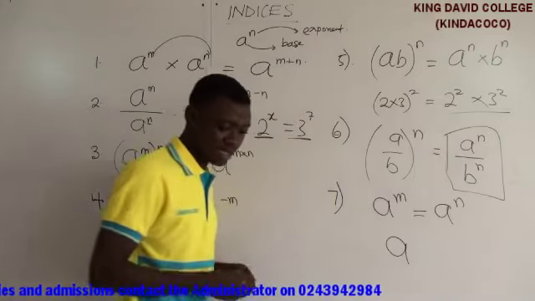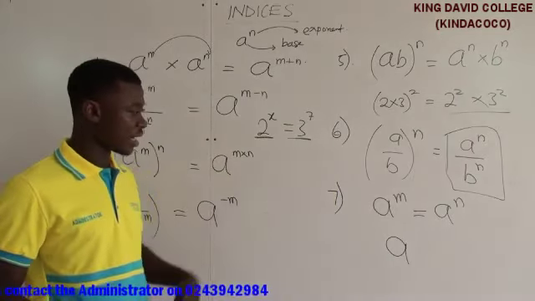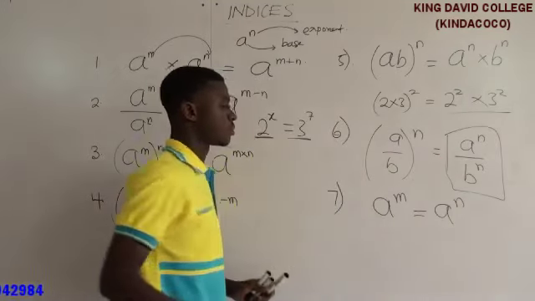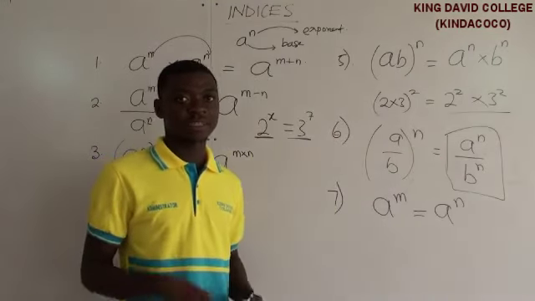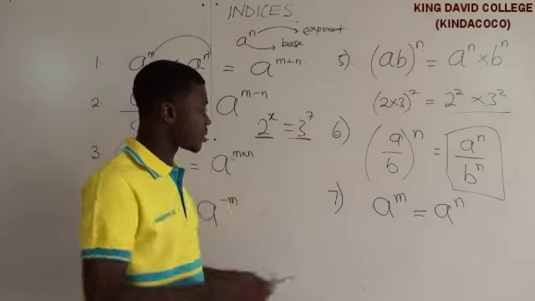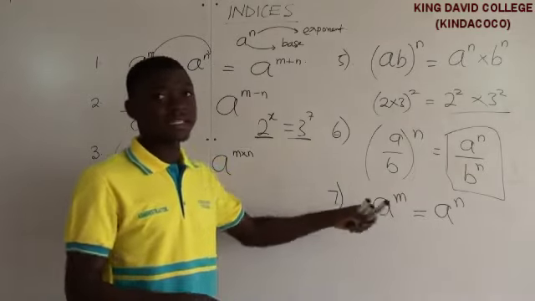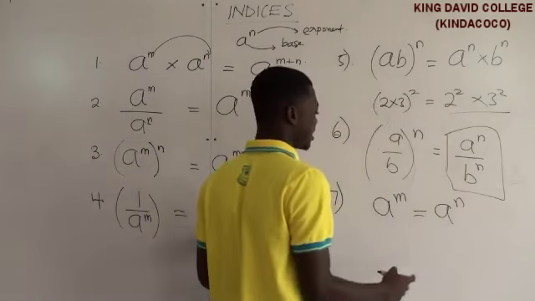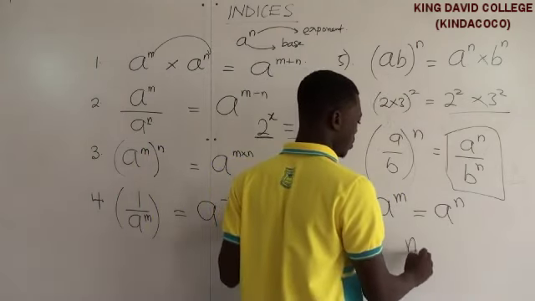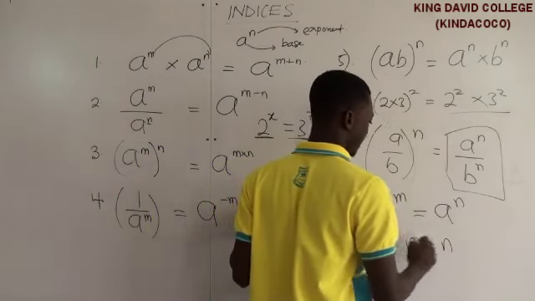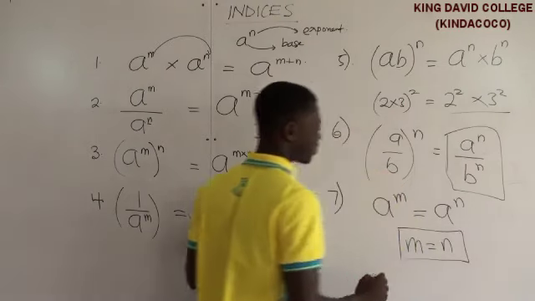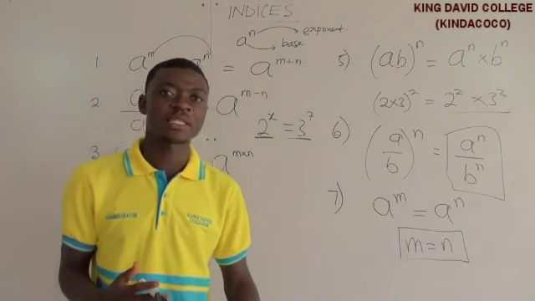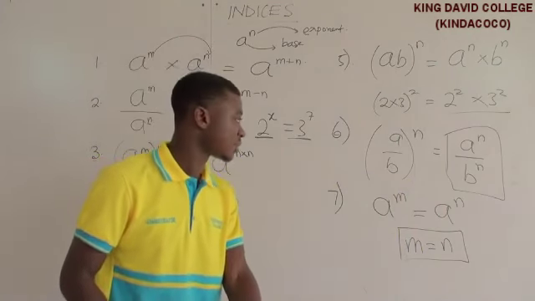Okay, the bases are the same, so you can forget about the base and equate the powers. Provided the bases are the same, you have the right to equate the powers.